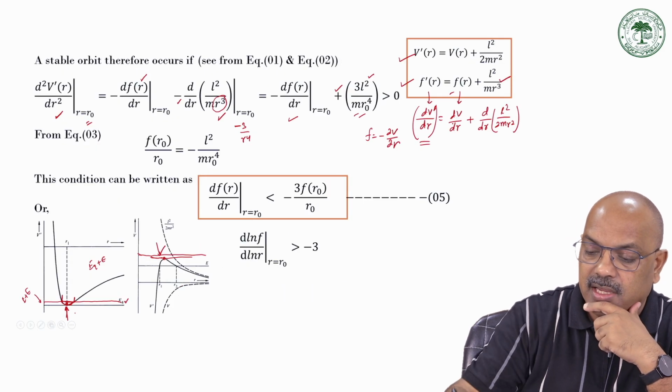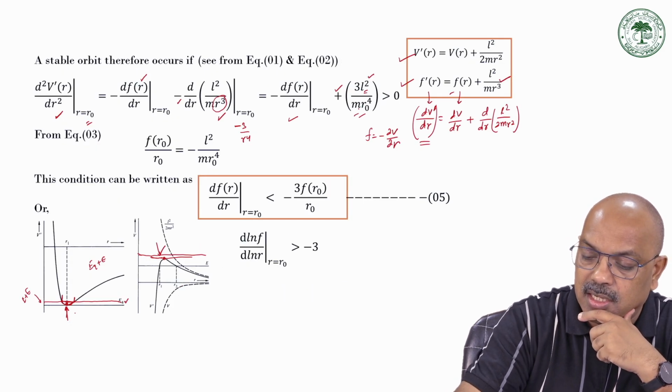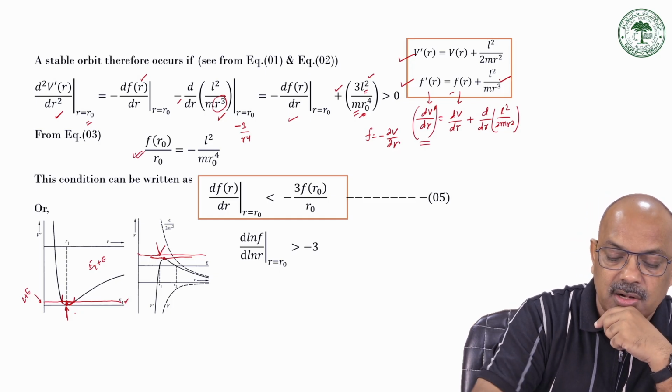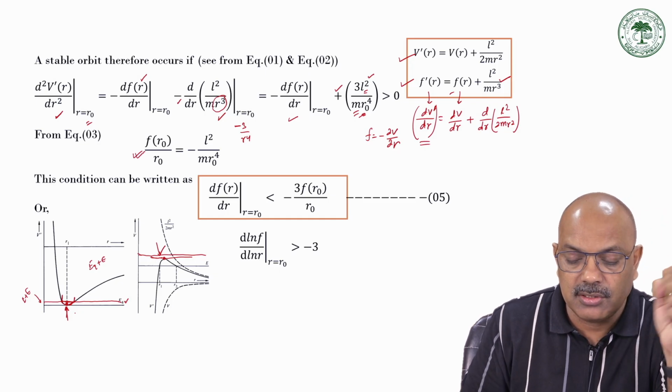So in place of this L square term, I can write F of r naught upon r naught from equation 3.